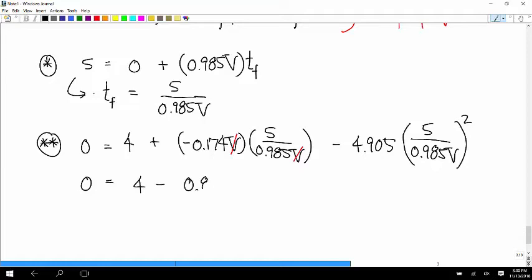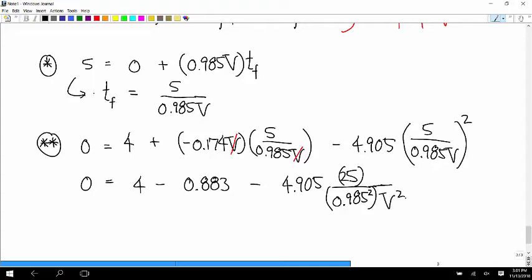Okay, 0.883. And then you have to square all this stuff and multiply by 4.905. Let me write it out in one more step: 4.905 times 25 over 0.985 squared, over V squared.